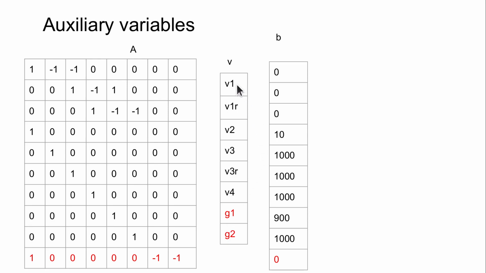So if we say that V1 has to be less than G1 plus G2, that is the same as saying V1 minus G1 minus G2 is less than 0. If V1 minus G1 minus G2 is negative, then that means that V1 is less than G1 plus G2.